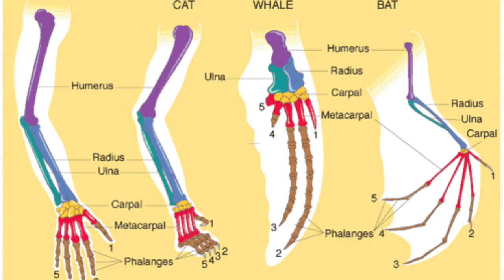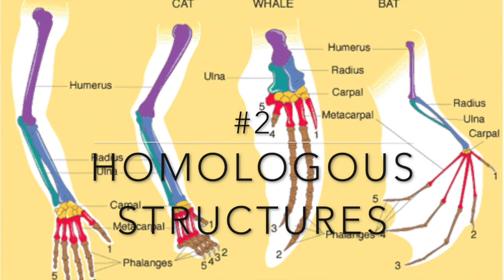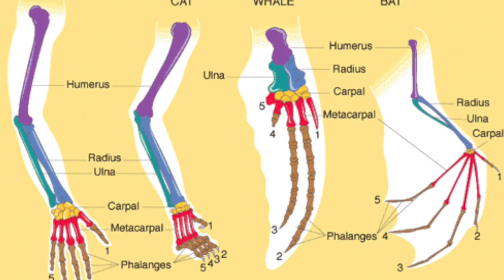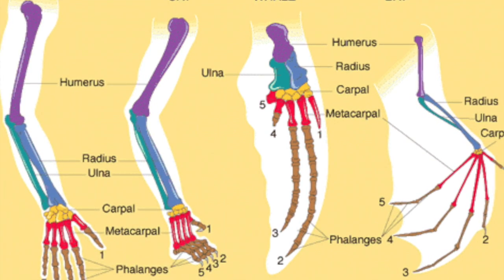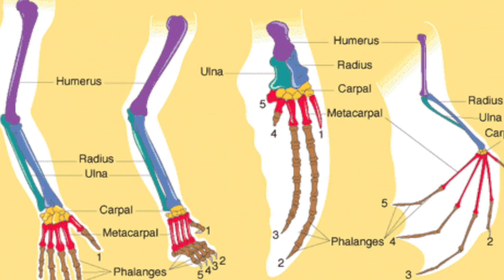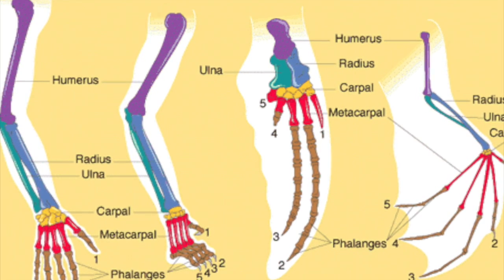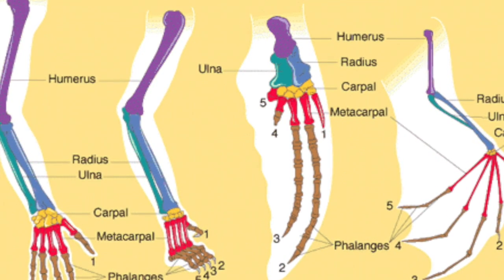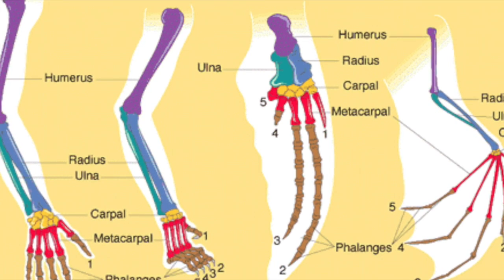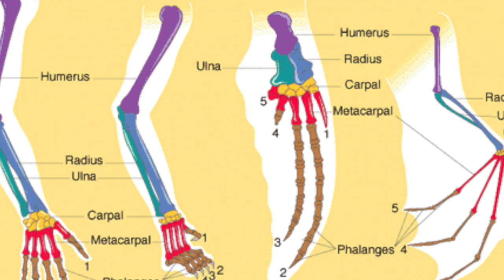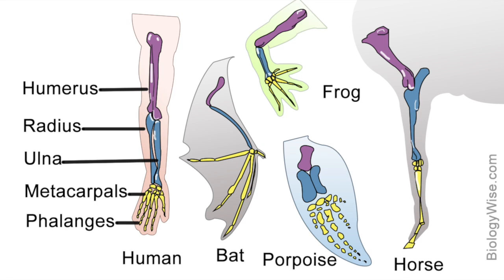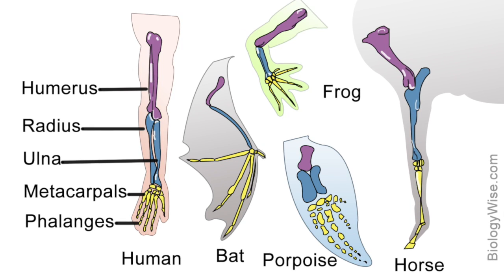The second proof of evolution is homologous structures. Homologous structures are when very different animals have bones that appear very similar in form or function and seem to be related. A few examples are how a dolphin's flipper, bird's wing, cat's leg, and the human arm are considered homologous structures.